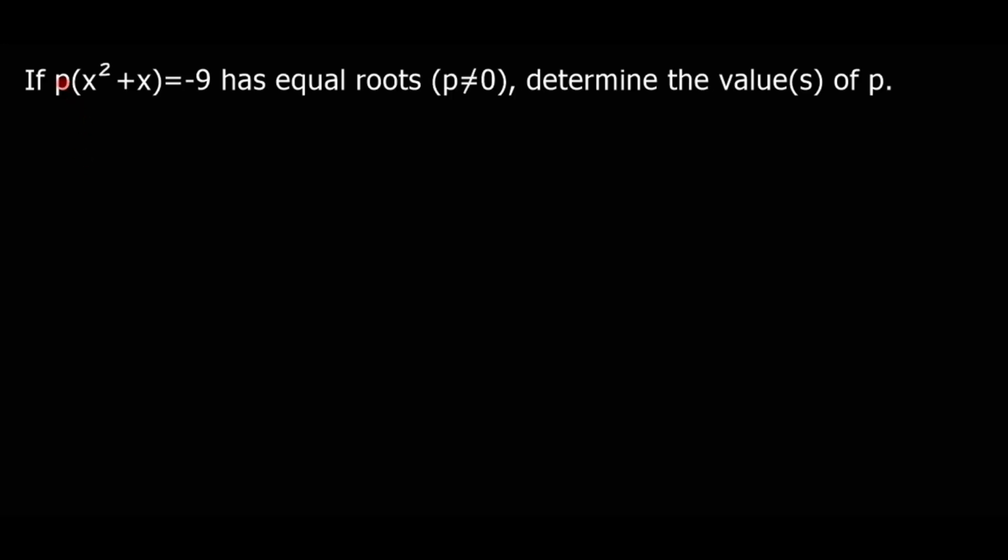And then this one: if p, open the bracket, x squared plus x, close the brackets, is equal to 9, has equal roots, but p is not 0, determine the value or the values of p. So what is important here is we want the value of p, and we find out the value of p if this has equal roots.